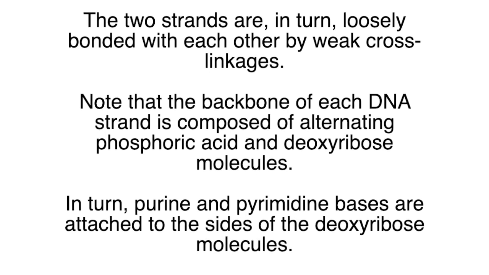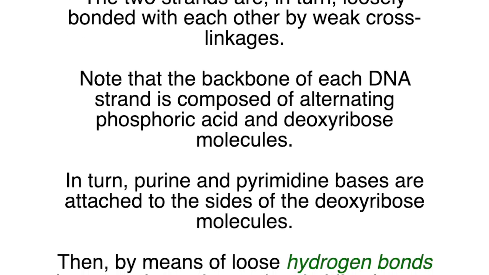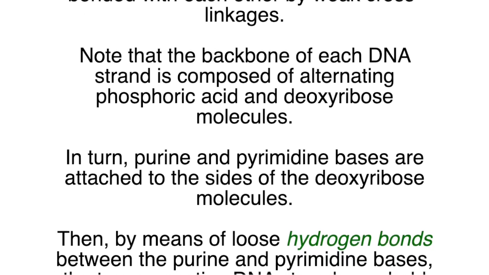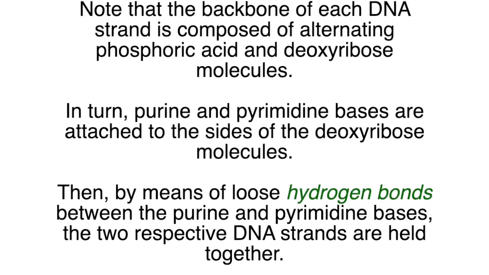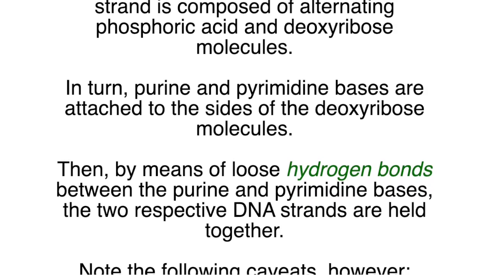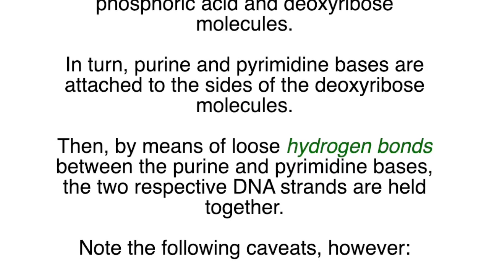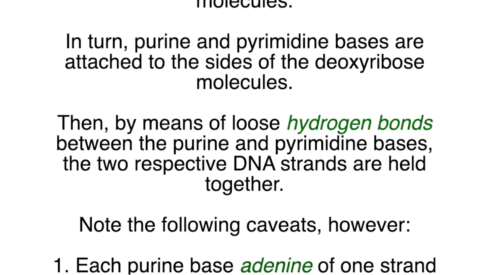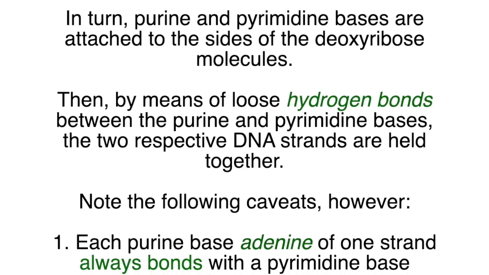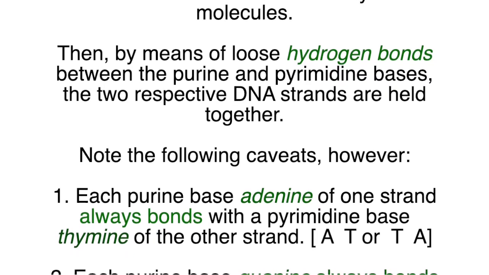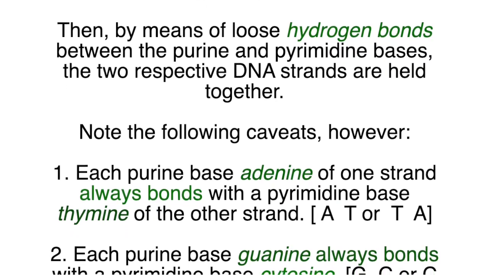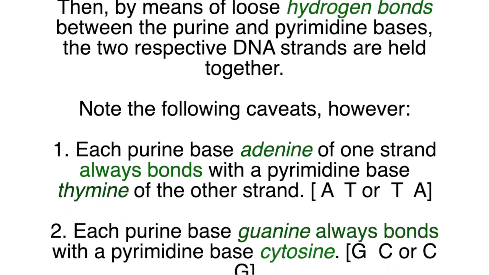Note that the backbone of each DNA strand is composed of alternating phosphoric acid and deoxyribose molecules. In turn, purine and pyrimidine bases are attached to the sides of the deoxyribose molecules. Then, by means of loose hydrogen bonds between the purine and pyrimidine bases, the 2 respective DNA strands are held together.